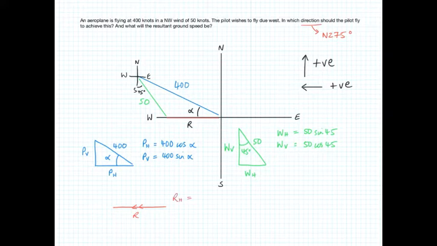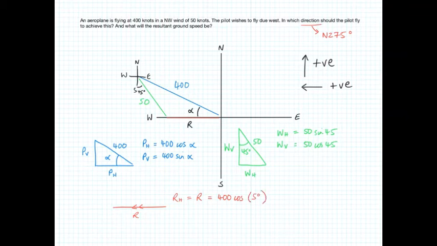So the horizontal, it's the only component of this vector, so that's going to be equal to our value of R. And if we're setting left as our positive, so let's take the horizontal component from the plane, which is 400 cos of alpha, and we've just worked out alpha to be 5 degrees, so we can put that in there now.